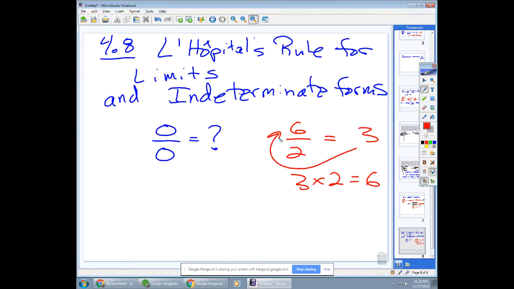So here, this means question mark times the bottom 0 has to equal the top 0. Anything can work. So anytime you end up with a 0 over 0 in a limit, what that means is, I don't know yet. It could be 4, it could be 5, it could be pi, it could be 0, it could be infinity, or it could not exist.